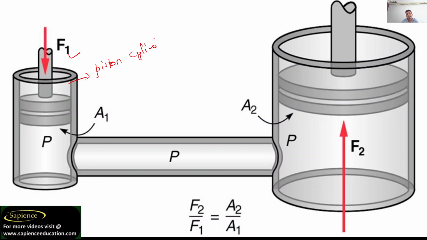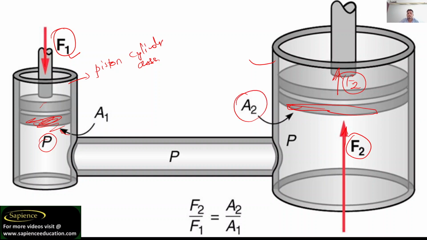This is also a piston, and if force F1 is applied, the area of cross section of this piston will be A1 and the pressure will be P. At the same time, force F2 will be applied in the upward direction, and the area of cross section of this piston will be A2.